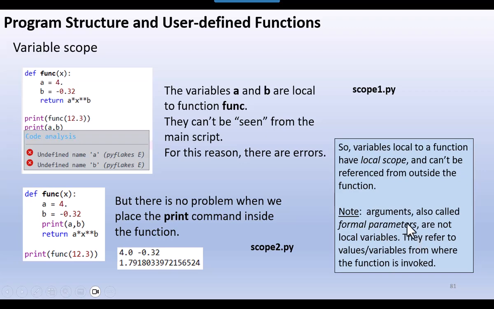Formal parameters are sometimes called dummy arguments, and they are not local variables. They revert to the values and variables from where the function is invoked. So for instance, x here actually, when it's run, is the value 12.3, and it's not a local variable. And I just want to point out that distinction for you.